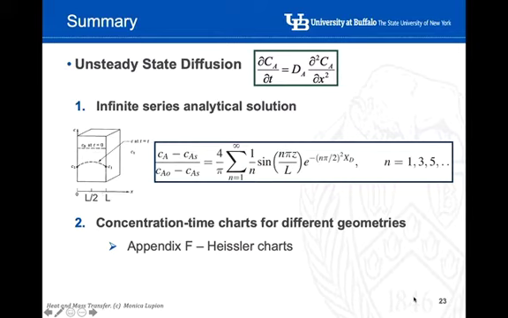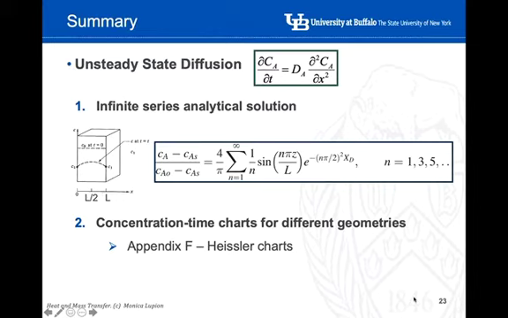One is the analytical solution that can be really complex depending on the geometry, the initial conditions, and the boundary conditions. And secondly, the second approach will be to use this graphical representation and solve the equation for 3 different geometries, which, as you have seen, is much easier than the analytical solution.